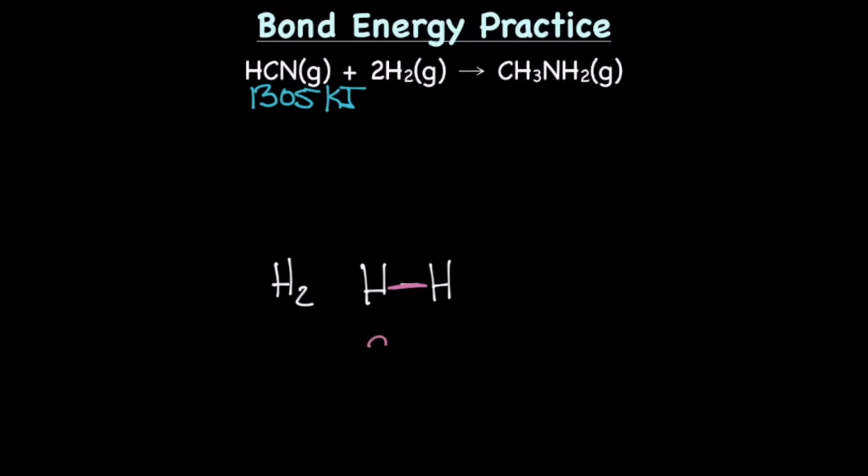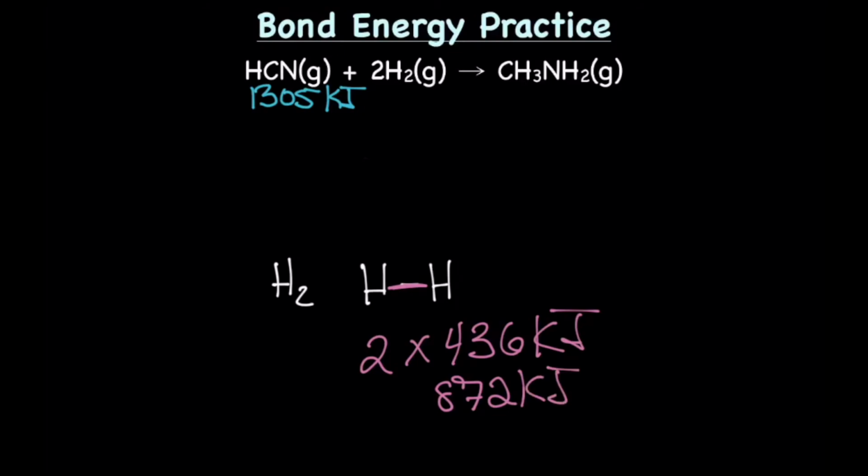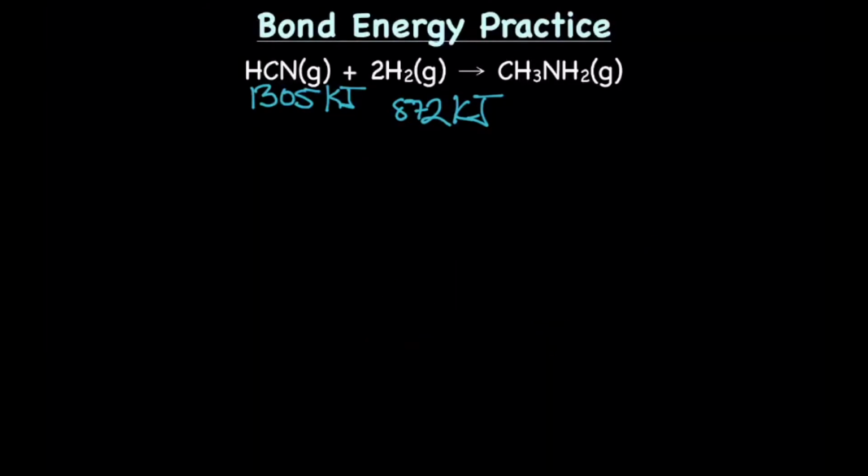So it's going to be 2 times 436 kilojoules, giving us 872 kilojoules to break the bonds of two H2 molecules. So 872 kilojoules. And again, for the two we've just figured out, we are adding energy.